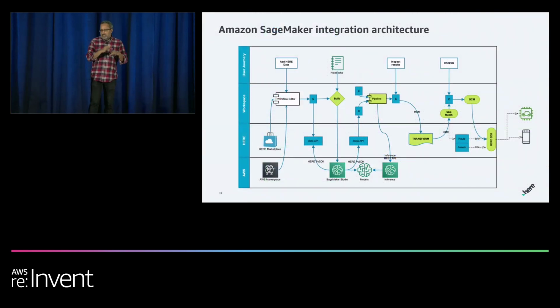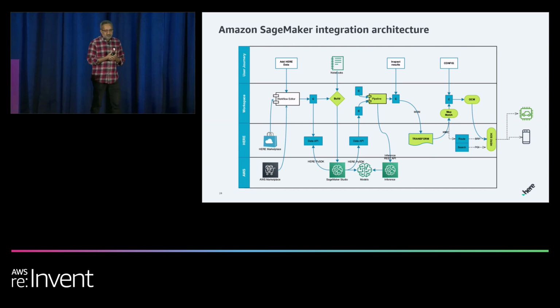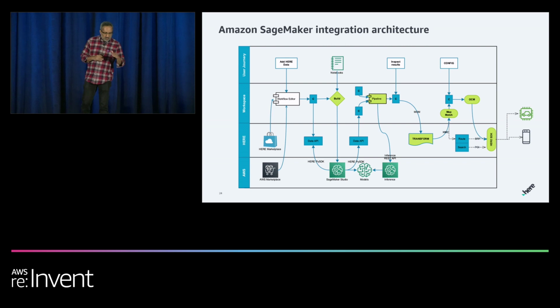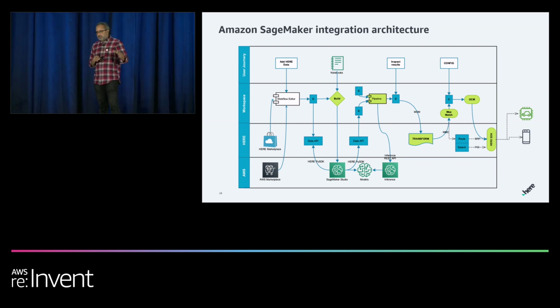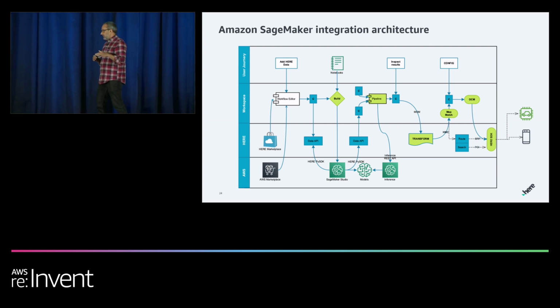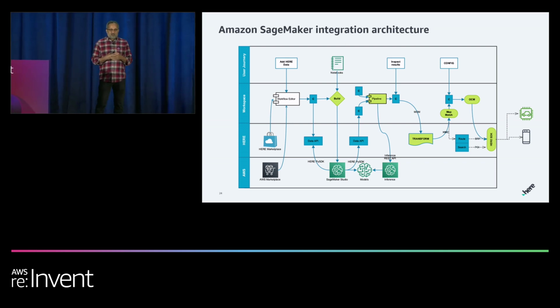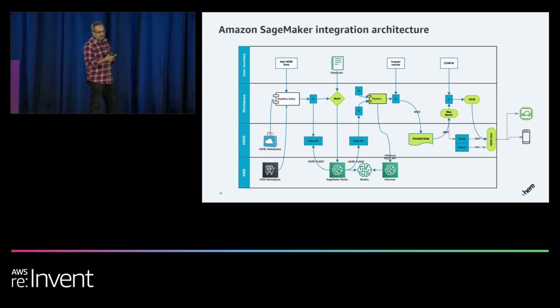So this is the architecture of our implementation. It's a little bit too busy, so I'll try to highlight a few things there. On the lower swim lane, you'll see the HERE Python SDK. This enables us to read our data catalogs from inside the SageMaker Studio, right?